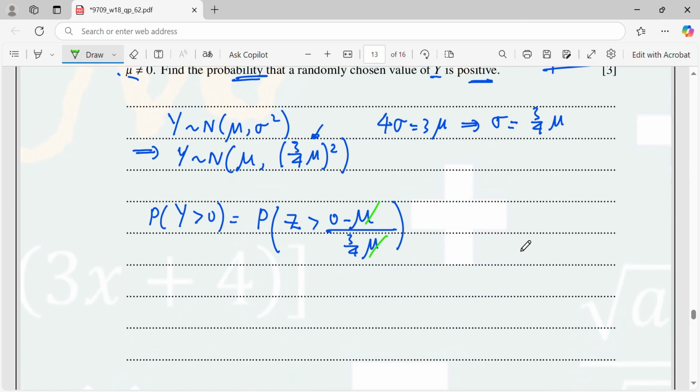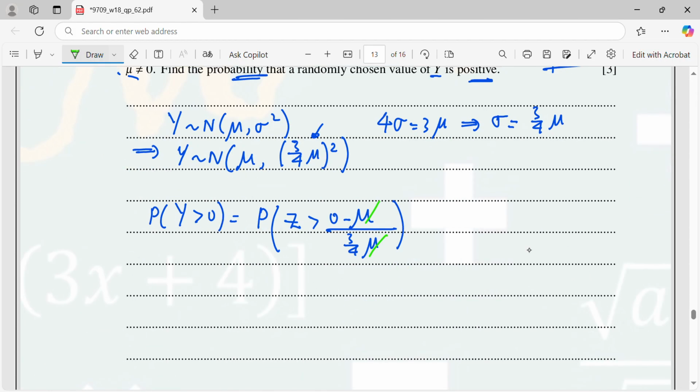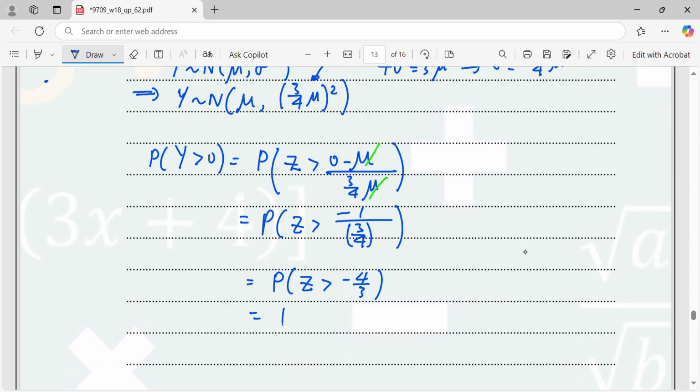That means you will be getting negative 1 over 3 over 4. So this could be simplified into greater than negative 4 over 3. So that is P of z greater than negative 1.333.